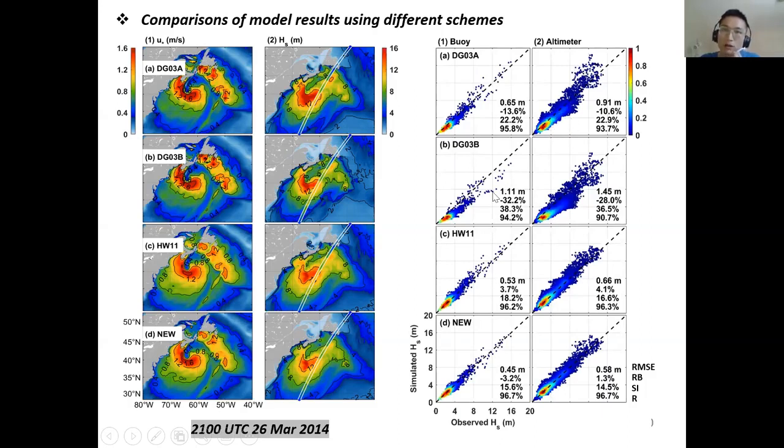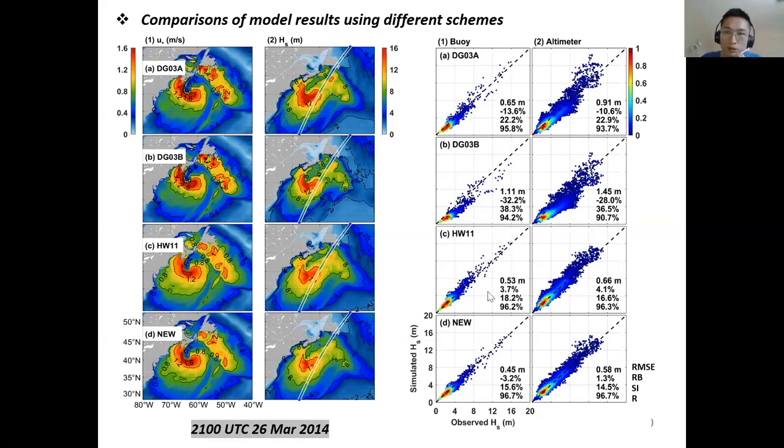So overall, the model results have larger negative bias, which can be more than 30%. And for Huang's formula, which is the default one used with this source term.